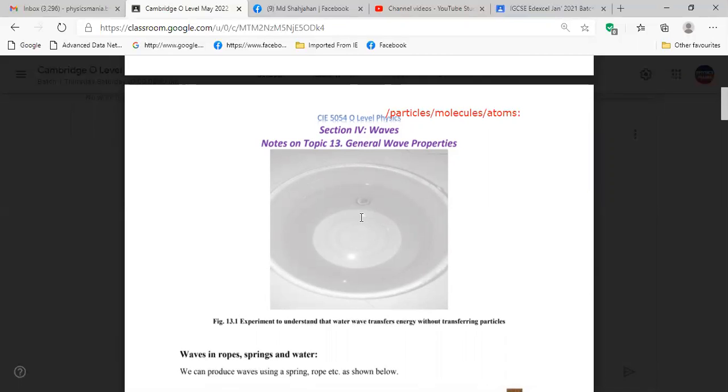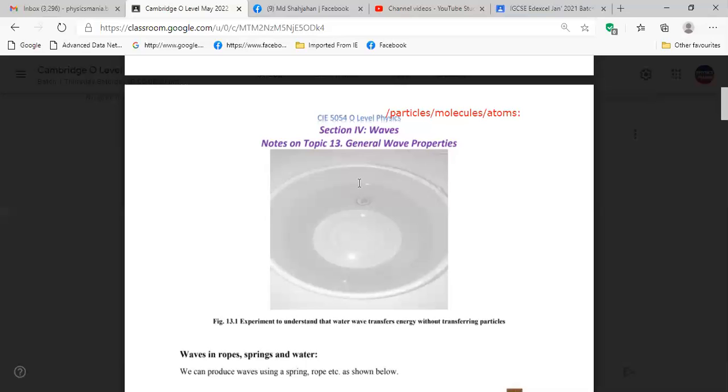You gave the energy here, right, in the middle. But after some time you'll see this cap is also moving up and down, right? So it's showing that the energy is transferred to the next molecules and it has reached the cap, and after this cap you'll see the energy is also going to the last. That part of the water also moves up and down. Beside this, you will also see that this cap is still here. It's not changing its place from here to other places.